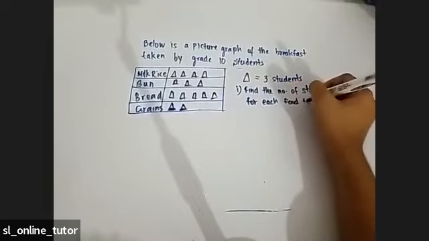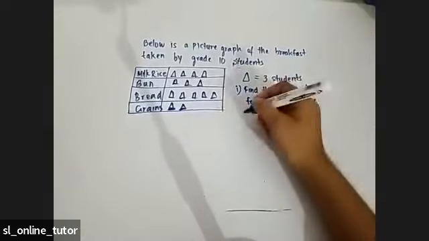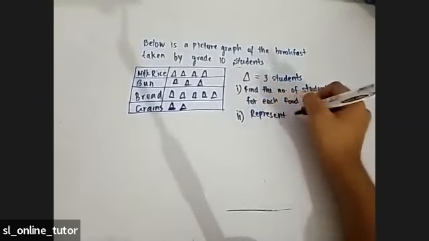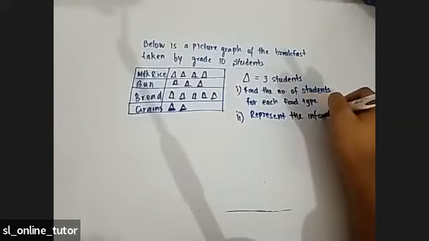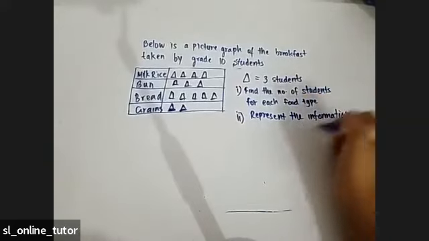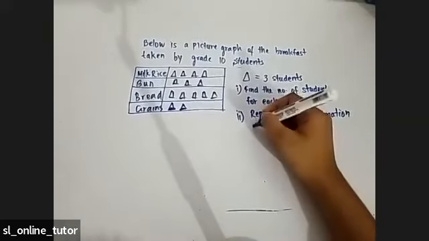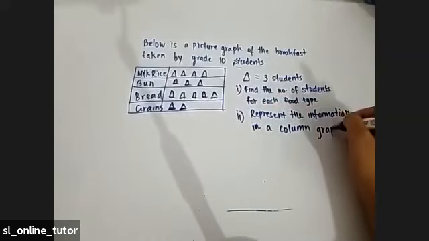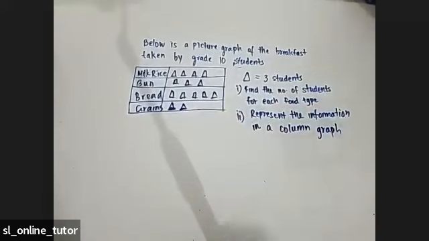Roman number 2, represent the information in a column graph. You have to draw a graph, right? You have to name the y-axis and the x-axis. So you have to decide which axis to name for the number of students and which axis for the breakfast type, the food type. Can you understand? So this question is for you. Do it.